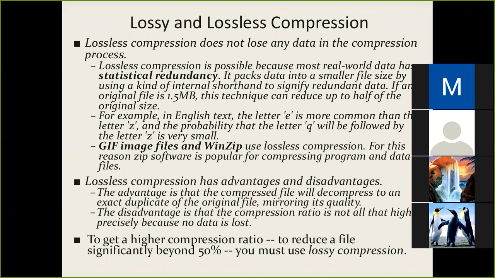Because in any image or in any textual document or in any audio or video, there is statistical redundancy. We are using the same thing again and again. The same colors are used, the same waves are used, the same alphabets are used for producing an image.